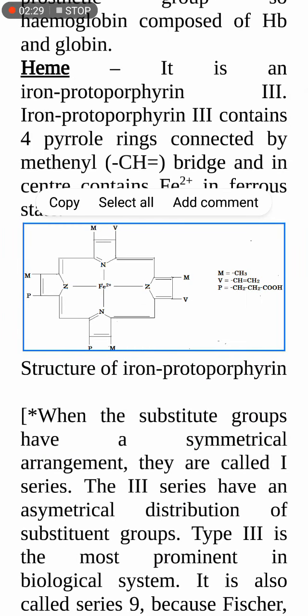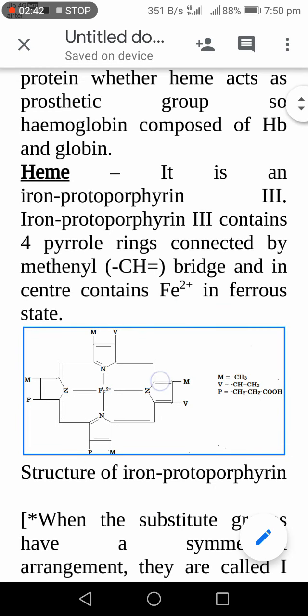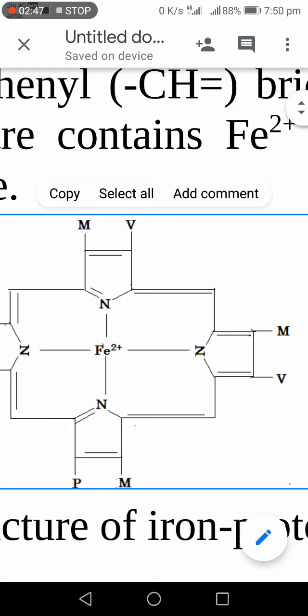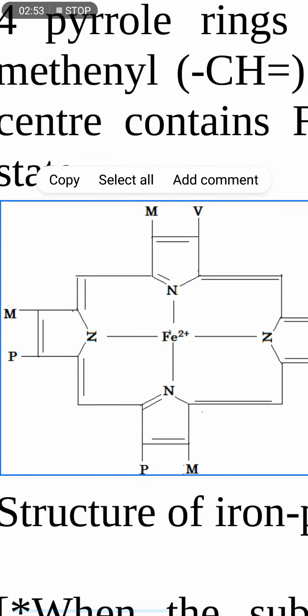So this is the heme portion, and the substituted groups are methyl group, propyl group, methyl group, vinyl group, methyl group, vinyl group, methyl group, propyl group and methyl group.